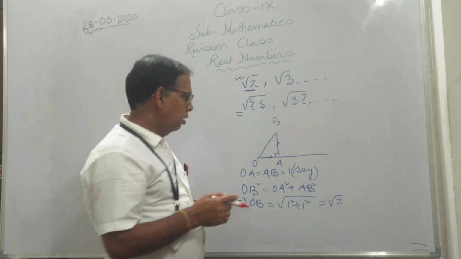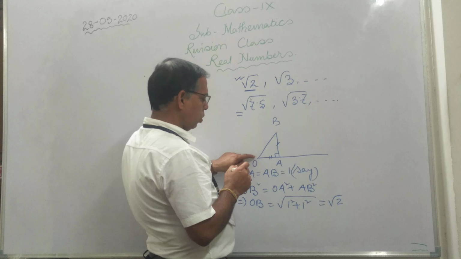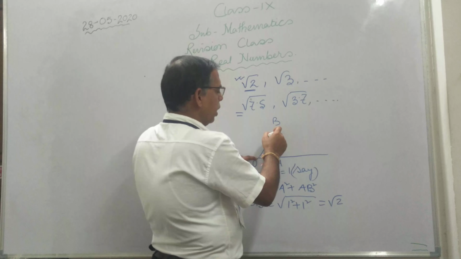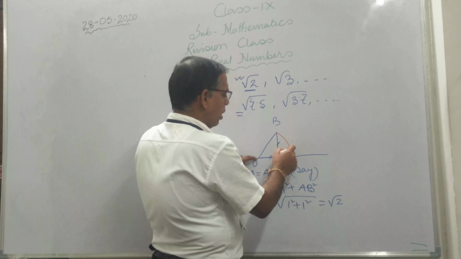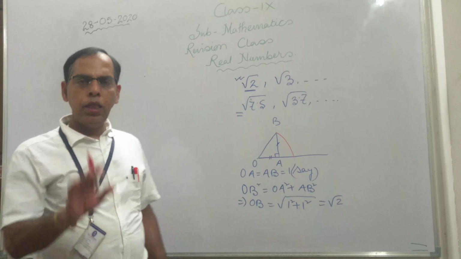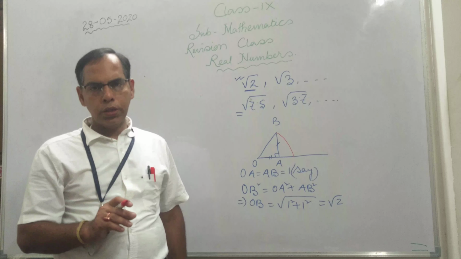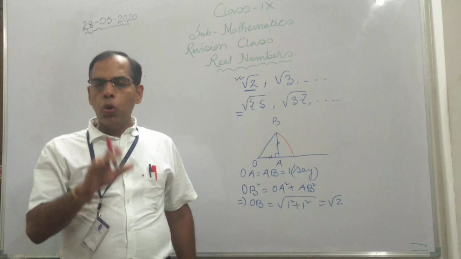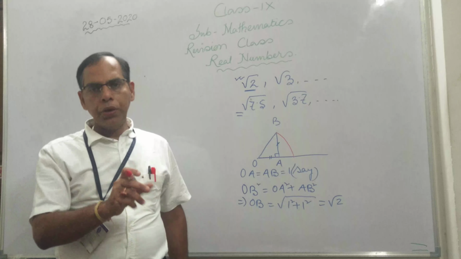Circle means, as you start from here, O as center, OB as radius, the moment you take it, it will come and cut the line at a point, not to complete the whole circle. But the process is this, that O will be the center, OB will be the radius, and draw the arc.